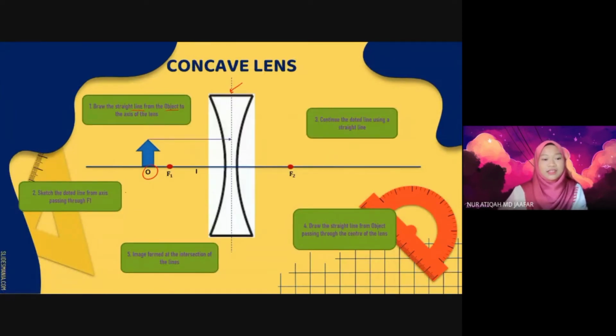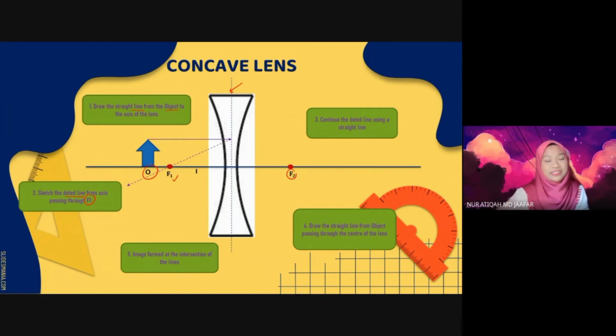The second step, you need to sketch the dotted line passing through the F1. For a convex lens, we sketch a straight line passing through the F2. But for a concave lens, passing through the F1. But look at this dotted line. So it should be like this.